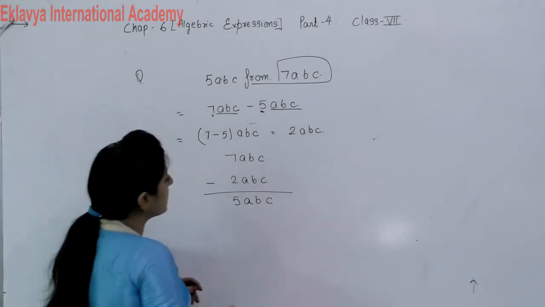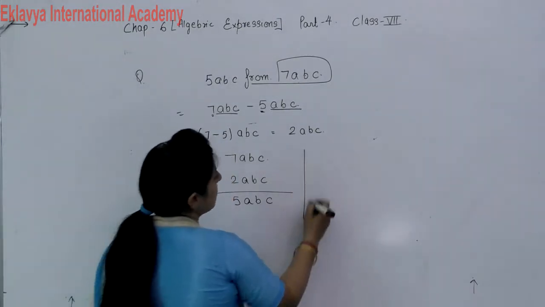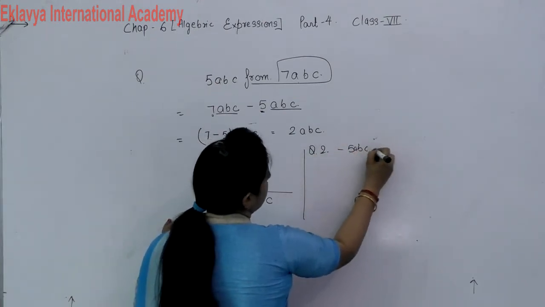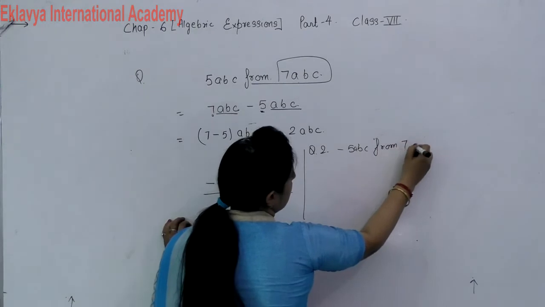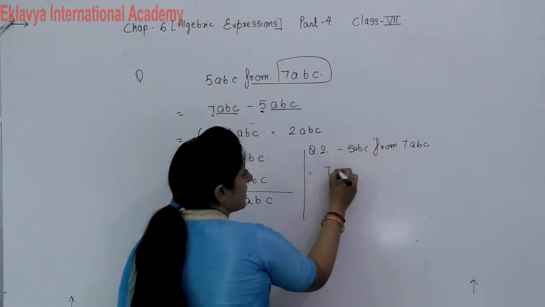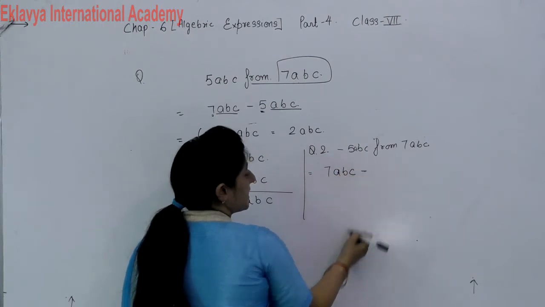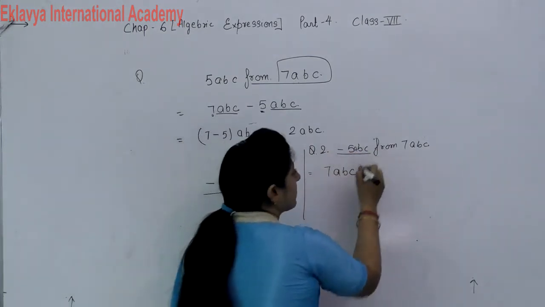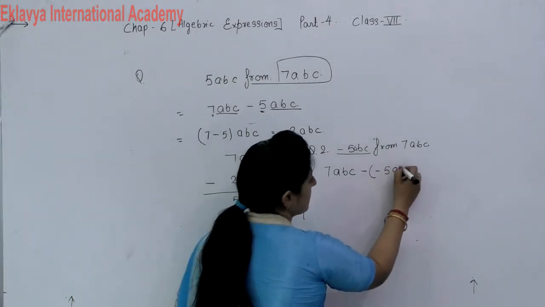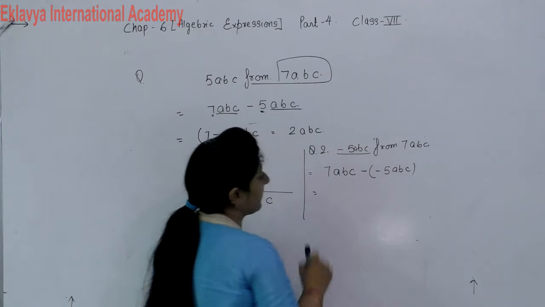Suppose now the same question, but I change the sign: subtract minus 5abc from 7abc. Then how to solve it? Firstly we write down 7abc minus, and whenever you have a negative sign, first put it in a parenthesis or bracket.